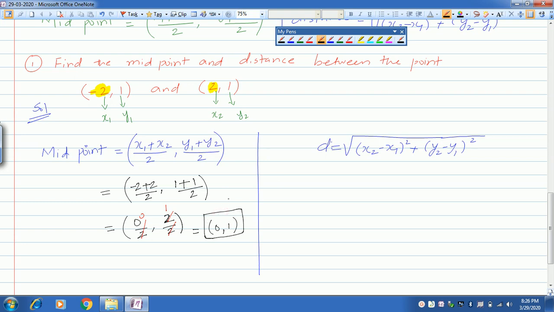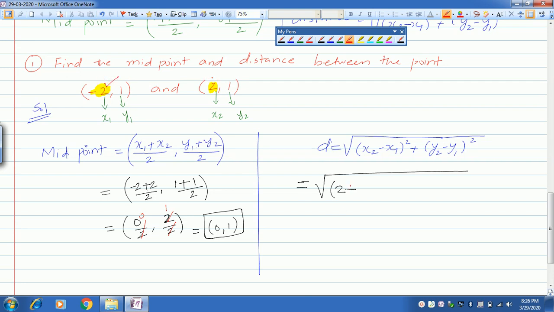Now we are going to see the distance. What is the distance between the 2 points? Here also the same thing, x1 y1 x2 y2 is there. Just substitute in the formula. It is x2, this is 2, minus of minus becomes plus. So this is 2 minus, but what is the x2 value? The x2 value is equal to the x1 value, which is minus 2.